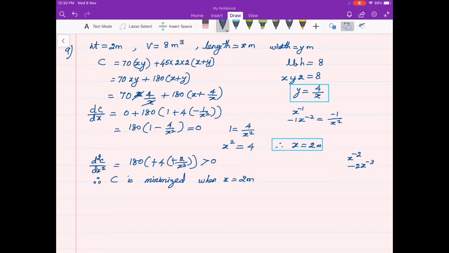Now, check the question. What is the cost of the least expensive tank? So, we have to find the cost. Cost is equal to, we have written the cost here, we will use this step.